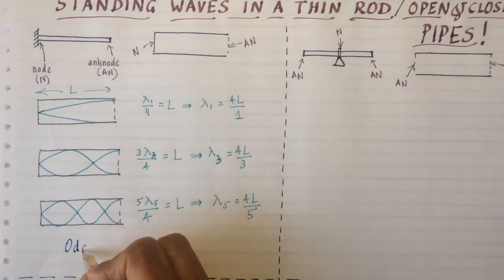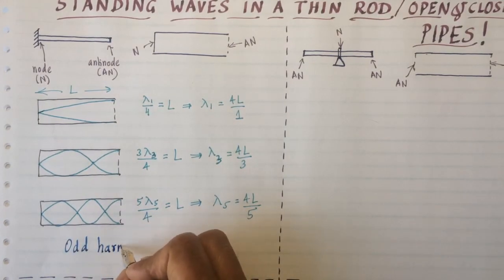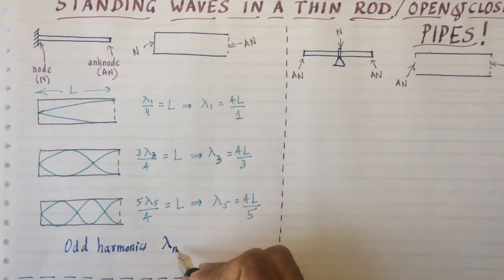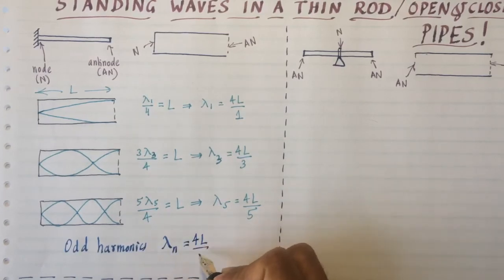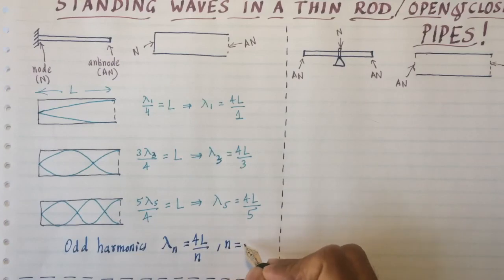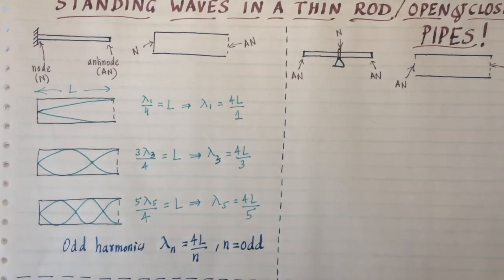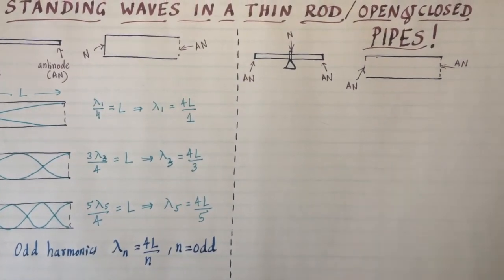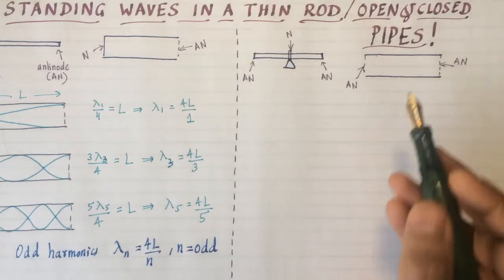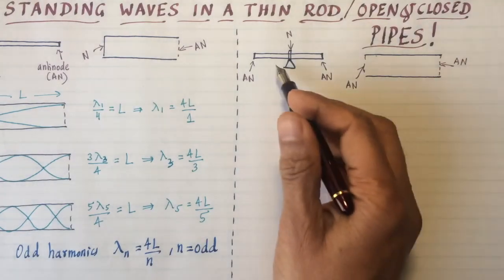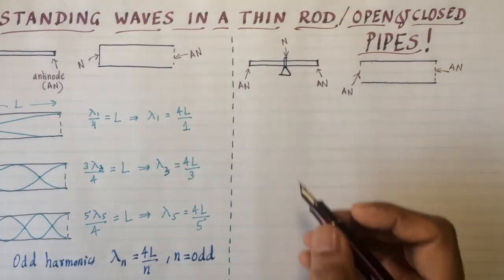And the odd harmonics are given by lambda n equals 4L over n, for n being an odd number, numbers like 1, 3, 5, 7, and so on. Let's move on now to the theory behind the pipe that's open on both ends. And like I said, we'll select from that a subset that applies to the rod clamped in the middle.